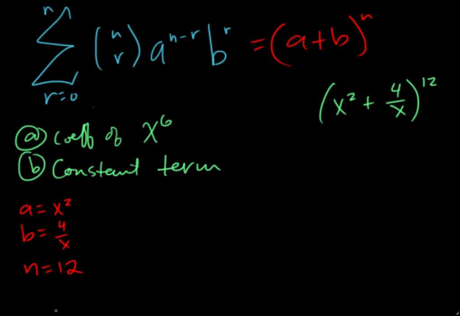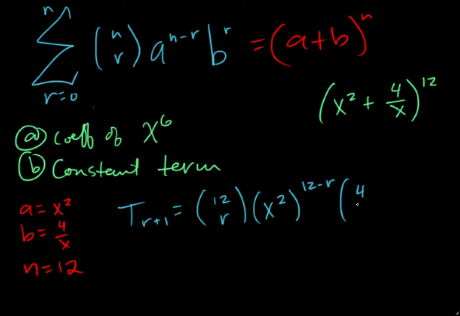Now, if we want to get to the next term that we're looking at, t of r plus 1, we're going to do 12 choose r, and then x squared to the 12 minus r, and then 4 over x, raised to whatever r is.